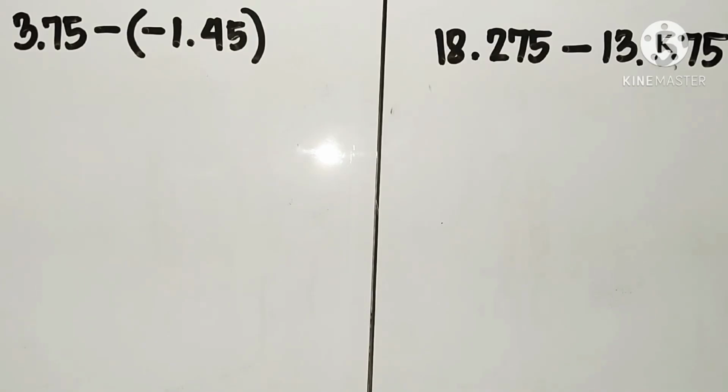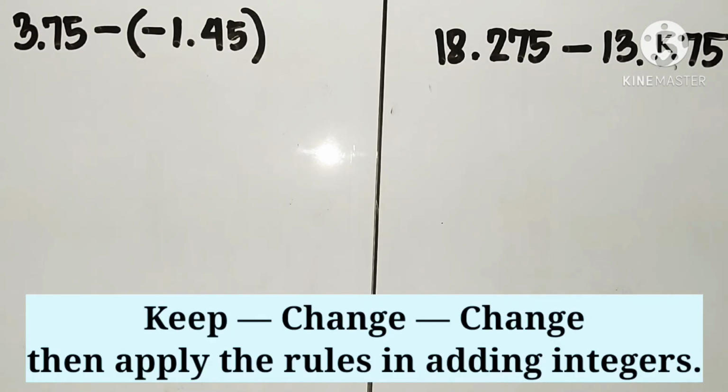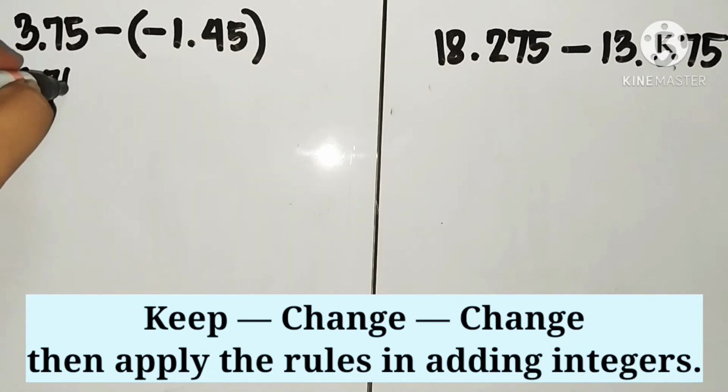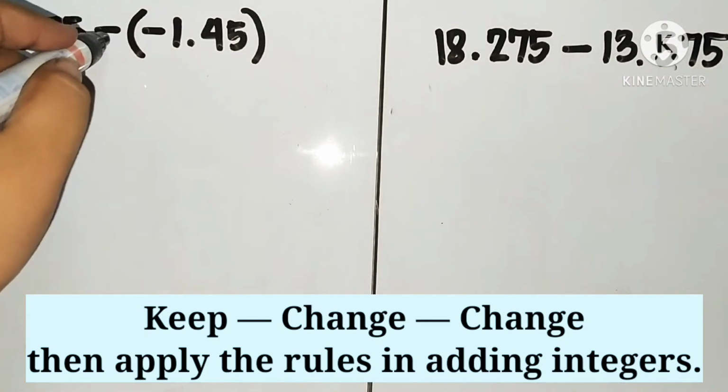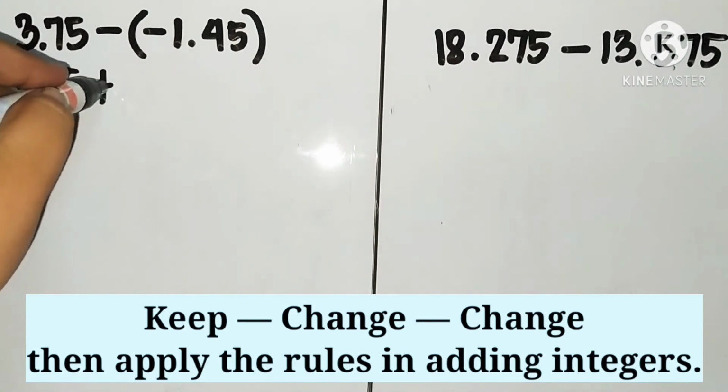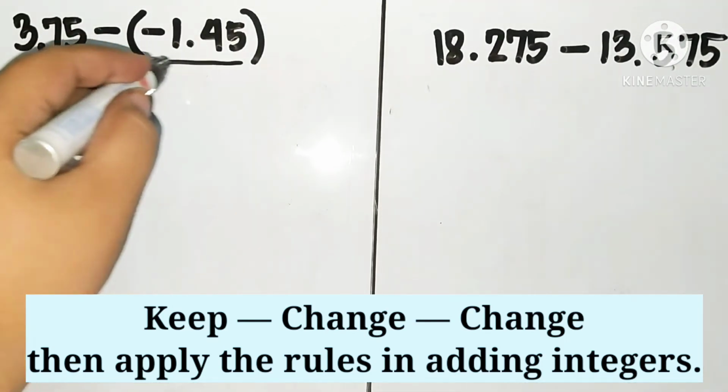Next example, we have 3 and 75 hundredths minus negative 1 and 45 hundredths. So, sa ganito, bago kayo mag-subtract, you have to follow muna yung rules in subtracting integers. So, sabi doon, una, keep the minuend. So, kukopay lang natin yung minuend, which is 3 and 75 hundredths. Yung minus, magiging plus. Yung subtrahend, magpapalit din ng sign.